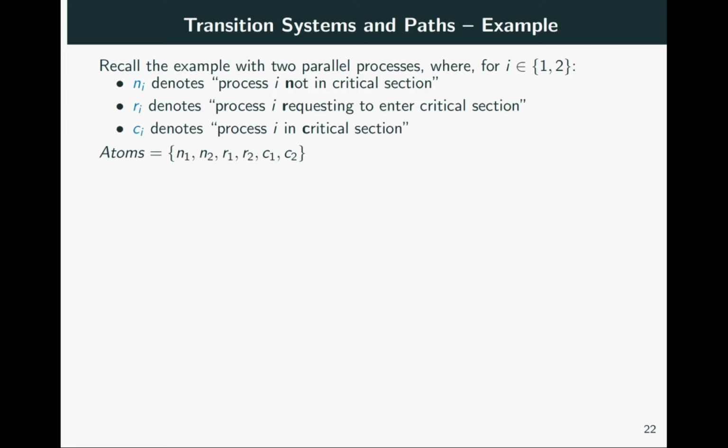R1 and R2 to mean that process 1 and respectively process 2 is requesting to enter the critical section. So R means request to enter. And finally, C1 and C2 to mean that process 1 and respectively process 2 is in the critical section. So C means critical section. So I have a total of 6 atoms: 3 for actions by process 1 and 3 for actions by process 2.